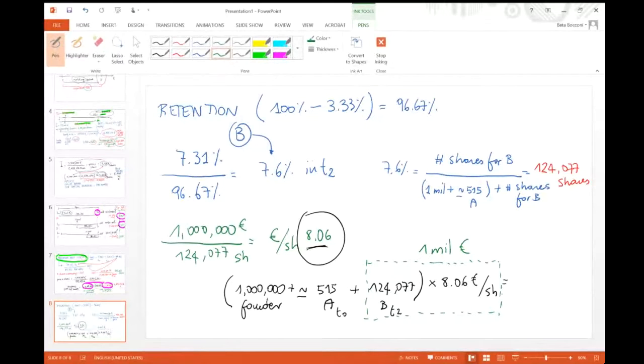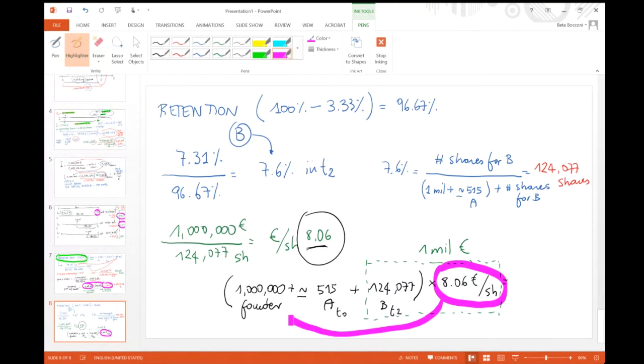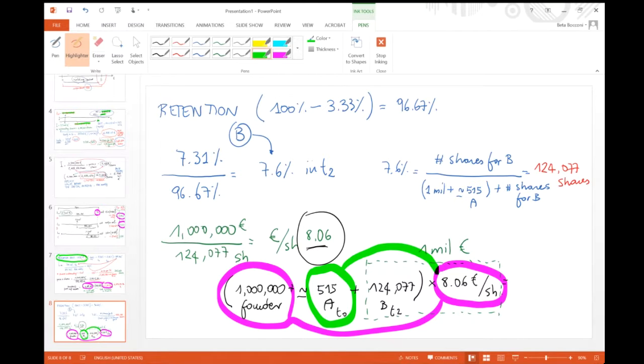But intriguingly and interestingly, what we get is, given the most recent valuation, 8.06, the value of the founder now, pre-money, is the multiplication of 1 million times euro 8.06, and the equity stake of investor A that entered in year 0 is now worth 8.06 times the 515,000 shares.